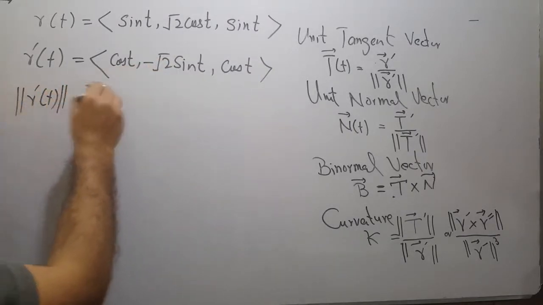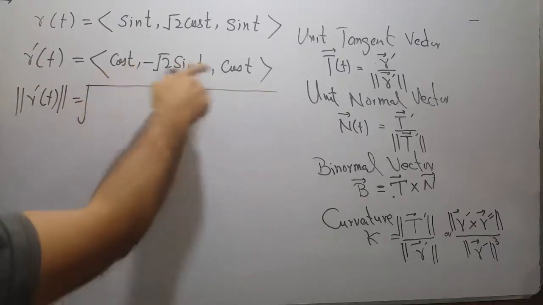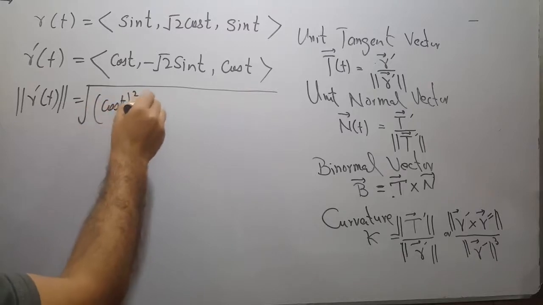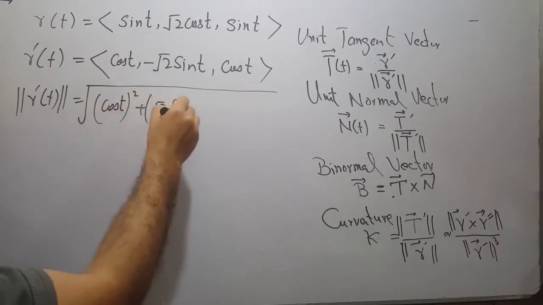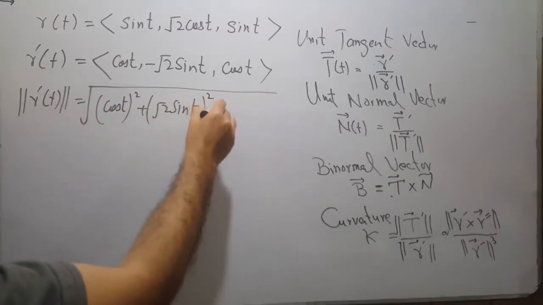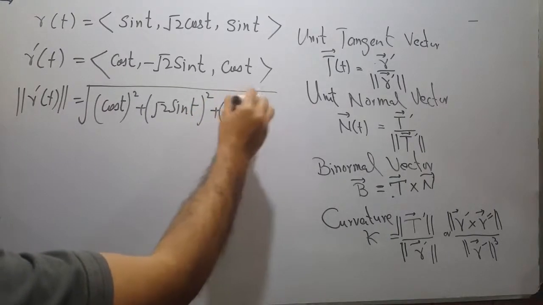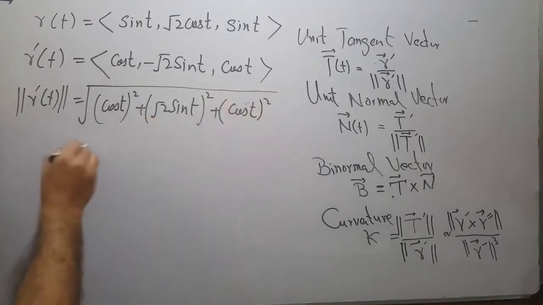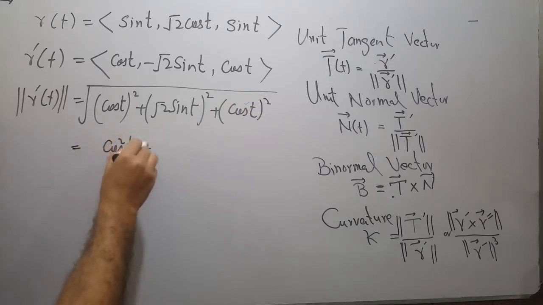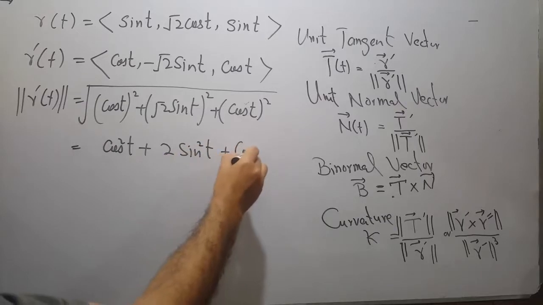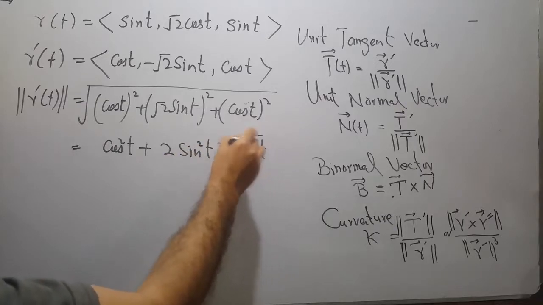So the magnitude is the squaring of each component and adding them up. So cos t squared plus square root 2 sine t squared plus cos t squared. That gives us cos squared t plus 2 sine squared t plus cos squared t.